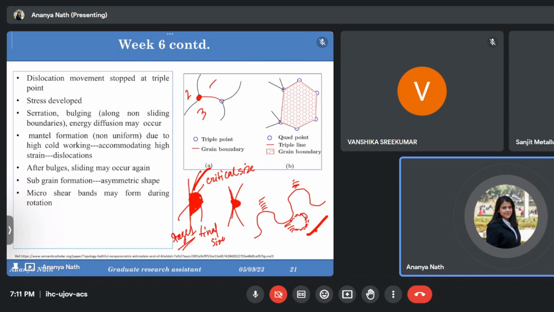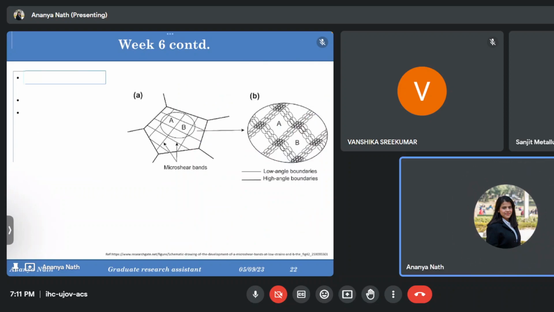At that intersection point, we have some micro shear bands, which may reach some critical size after more and more misorientation and will form some new grains. So here you'll see micro shear bands, which are called MSB.